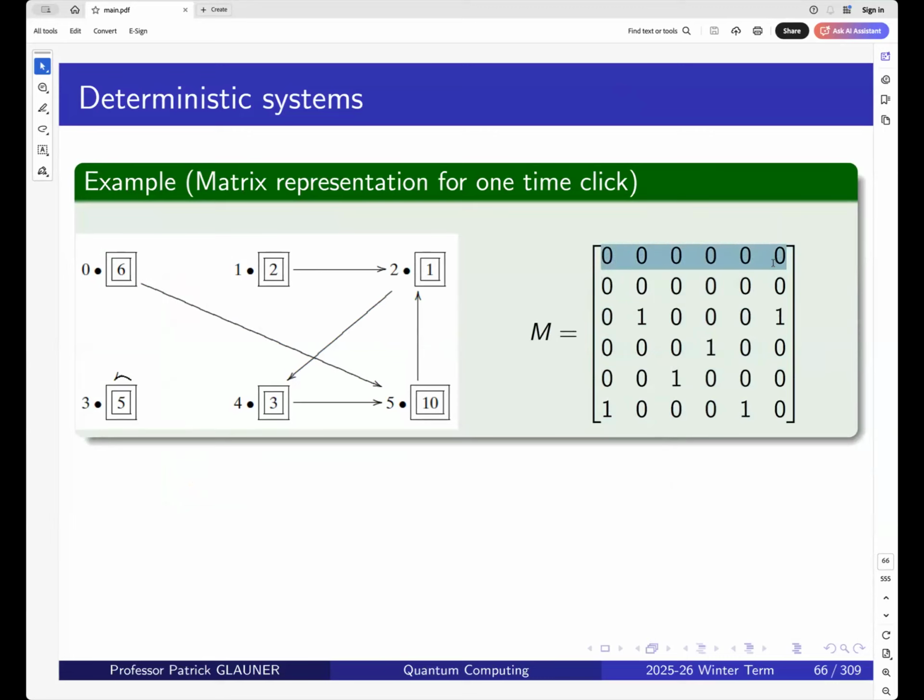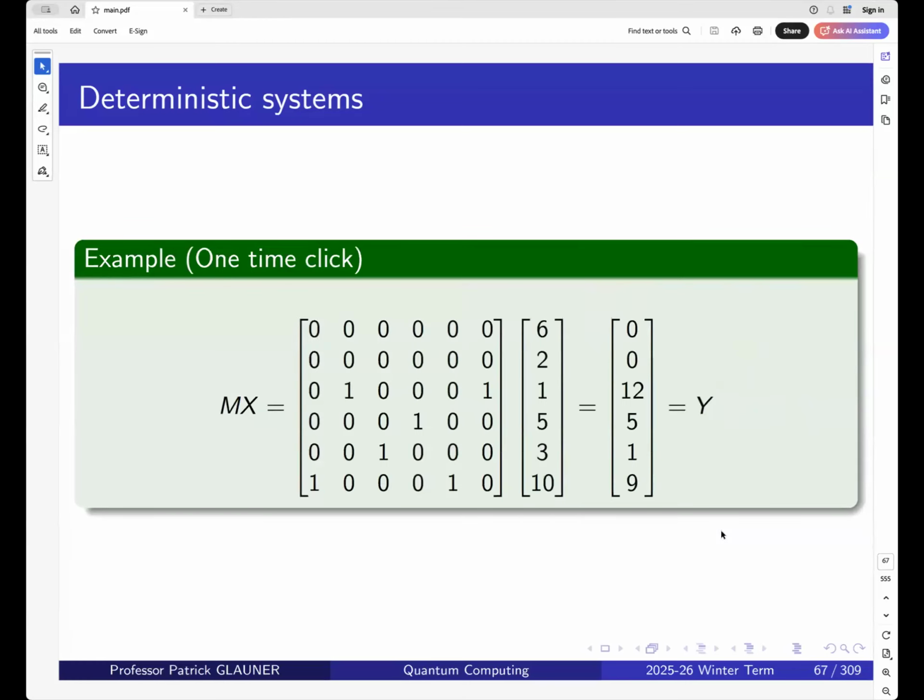So the rows represent the individual position and the columns where the connections come from. So for example, here, this row would represent this position, and it has incoming edges from position 1 as well as from position 5. So the order is very important.